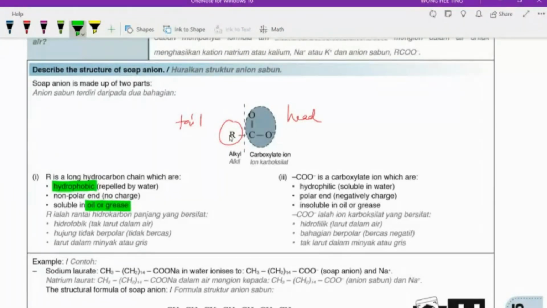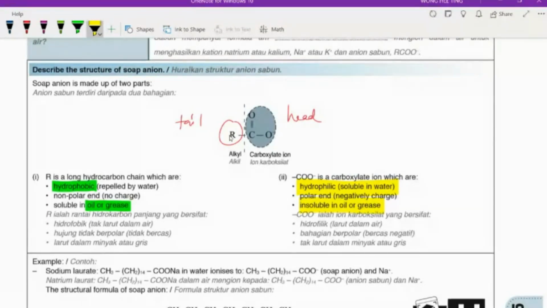Highlight this too, the tail, the hydrophobic tail. Repelled by water means insoluble in water. Now the head is COO, a carboxylate ion. Highlight hydrophilic: soluble in water, but insoluble in oil or grease.